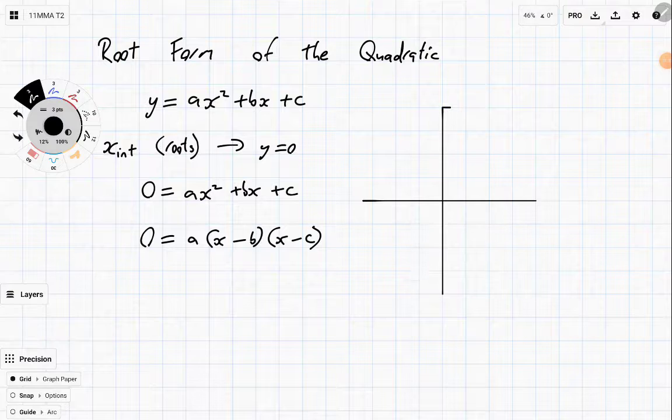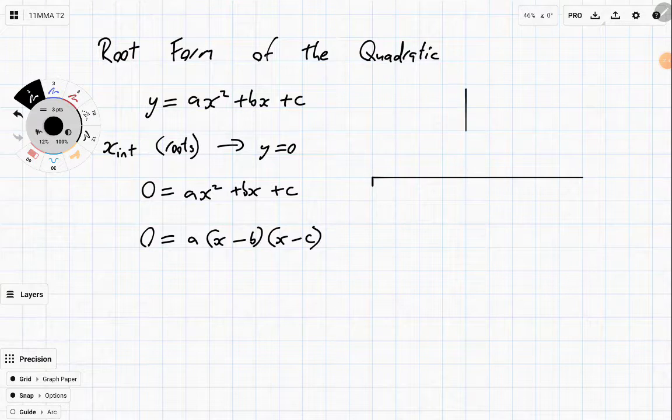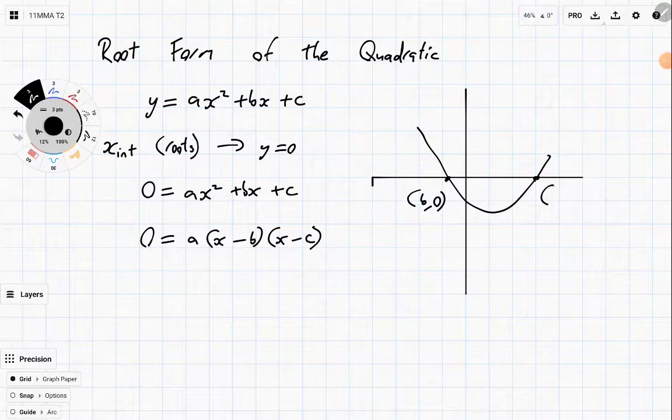So there are many different options, but with the root form, what it says is that if you do have two roots, b comma 0 and c comma 0, then you can quickly write it as y is equal to a, some constant, times x minus b, the first root, times x minus c, the second root.